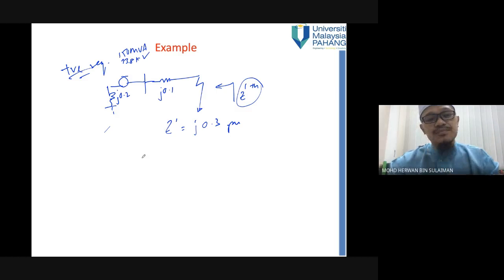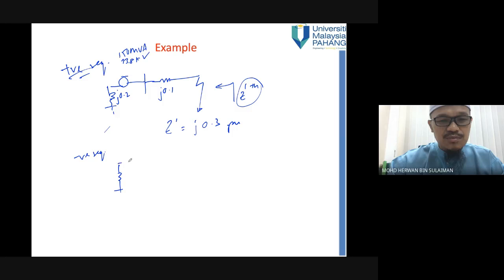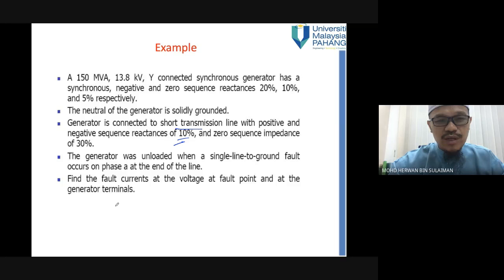And then you go for the negative sequence. Negative sequence is the same, except there is no source. So 10%, J 0.1. And then this one is the same, J 0.1. So Z2 is J 0.2 per unit. And then zero sequence. For your zero sequence, you need to look at the connection. Since it is Y connected to ground, normally there is no problem.